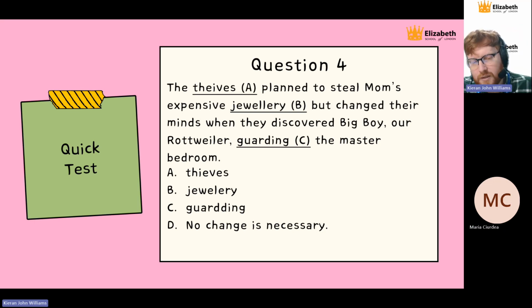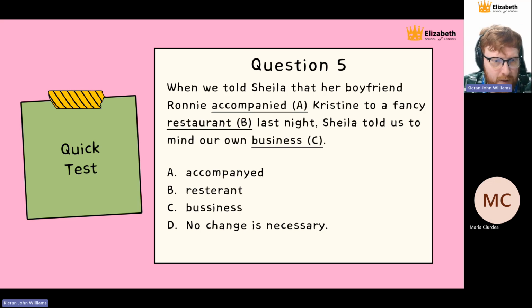Well, you're kind of right. In American English, they do have a different spelling of jewelry, which is similar to this one. But the one that we needed to change was actually A. So thieves should be I before E. Okay. Right, on to number 5.